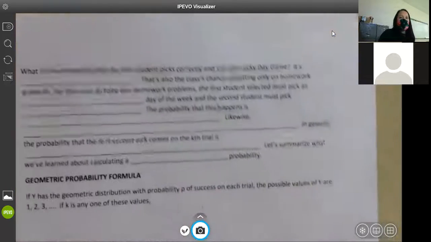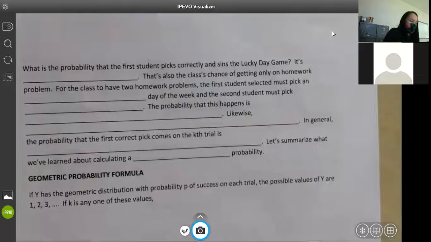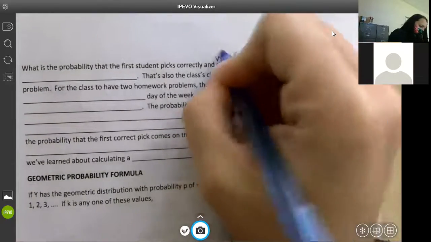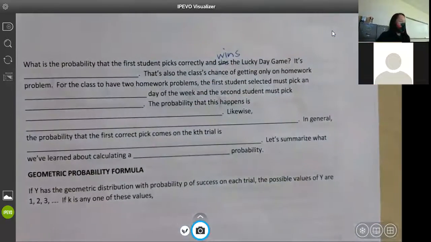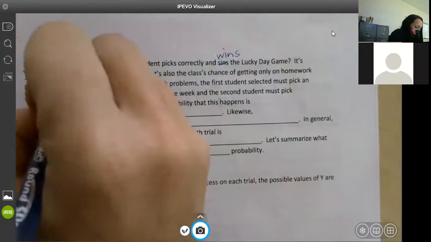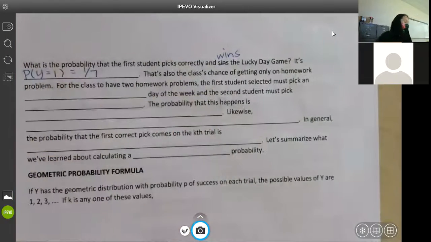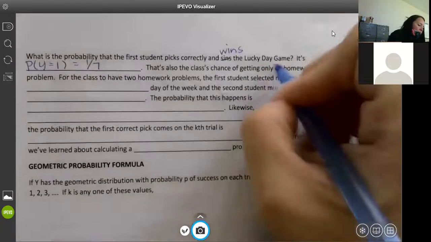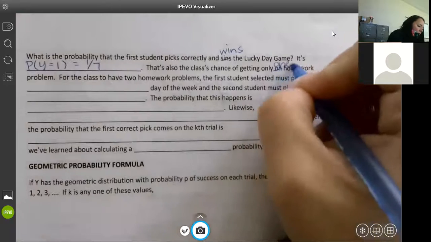So what is the probability that the first student picks correctly and wins the lucky day game? It is the probability that y equals 1, or 1/7. That's also the class's chance of getting only one homework problem.